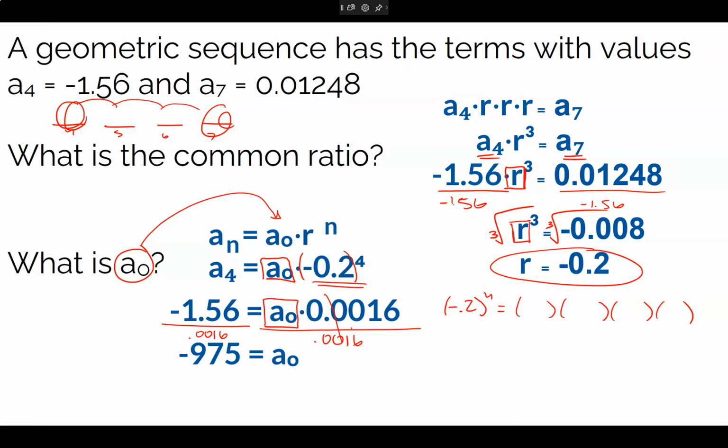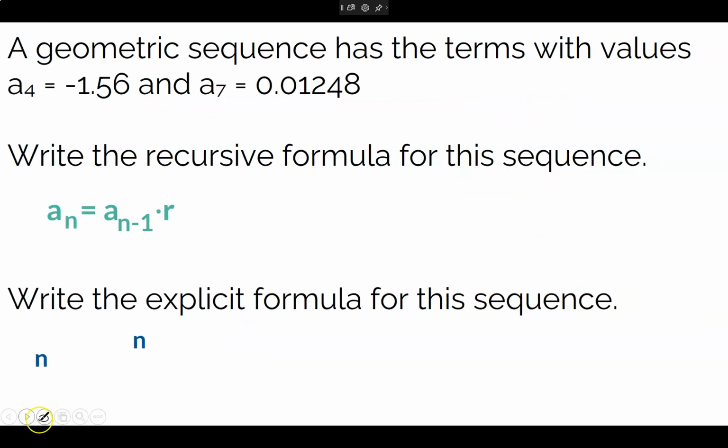Adjusting my common ratio for my recursive formula, because I'm going to take my previous term and multiply it by my R. So I'm going to say A sub n minus 1 times -0.2. I'm going to write down what we have. This is what we did on the last slide. I'm just writing it down so we see it. But you have it on your paper.